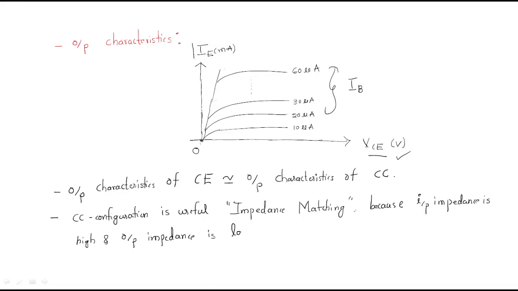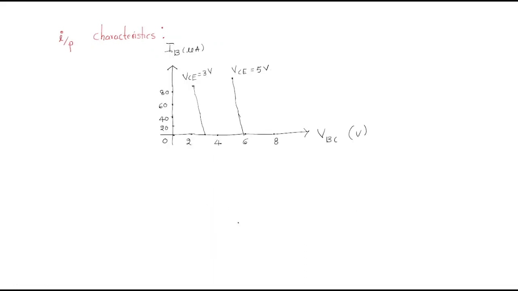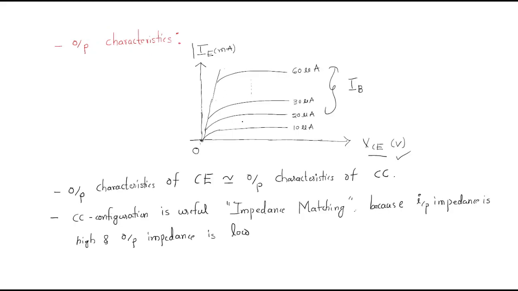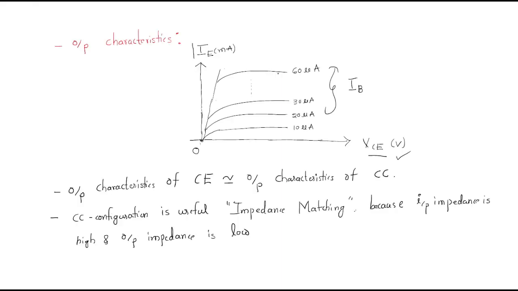Look here, the input impedance is high, that's why the current decreases like this. And the output impedance is low, so the output current increases in this manner. That's why it is useful. The application is impedance matching.